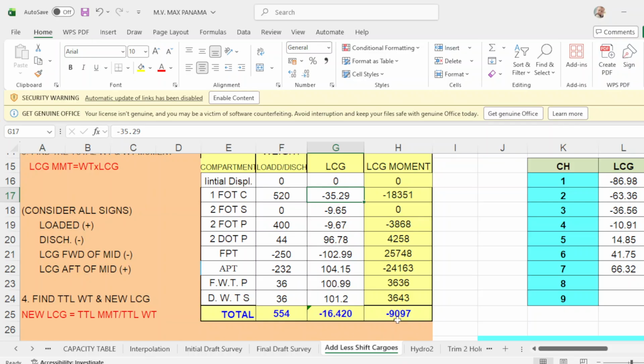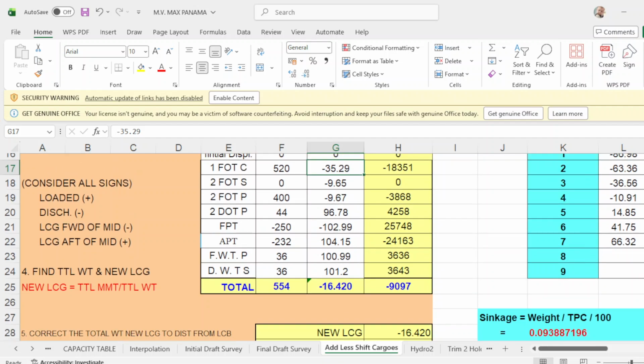is negative 0.09097. So what you do, you divide negative 0.9097 by 555 weight, then your new LCG is negative 16.42.